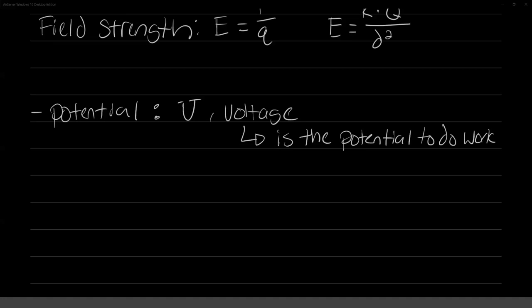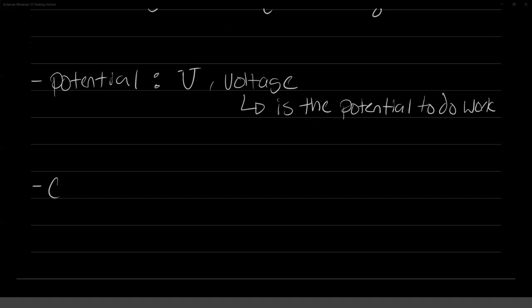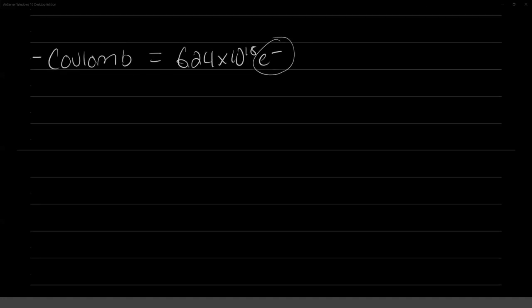I kind of covered this earlier, but it's important to know 1 coulomb is 6.24 times 10 to the 18th electrons. If you see this e minus, that's electrons. And then I also want to talk about, so if voltage is potential energy, source or current or charge, I mean, is kind of like kinetic energy. So there's an equation that we can use if she gives us kinetic potential energy problems.